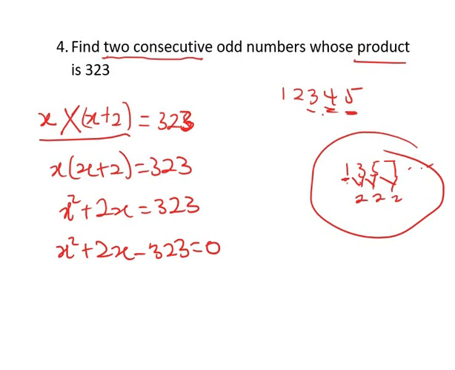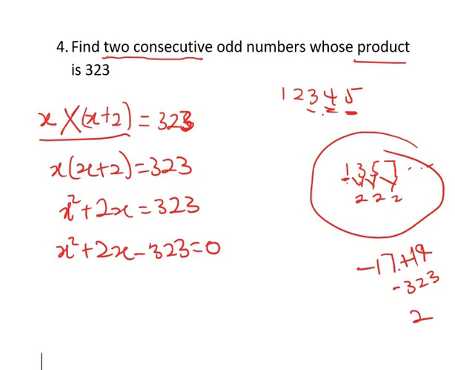Now we are looking for factors of minus 323. When we multiply, we have to get minus 323, but when we add, we should get plus 2. And those factors are minus 17 and 19. When we multiply minus 17 and 19, we get minus 323, and when we add, we get 2.